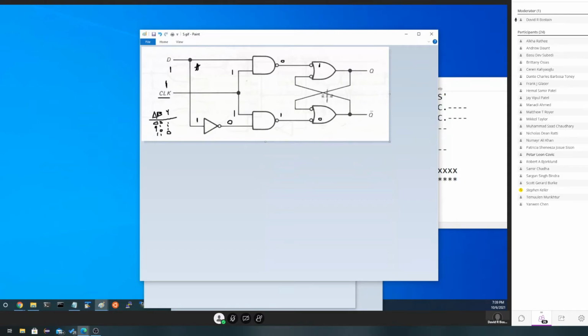Now, I'm not going to go through this because this is the exercise I told you to do on your own with a NAND gate earlier. But we know the net result of doing that is Q is going to have a 1, not Q is going to have a 0. And of course, we reverse that, these will switch. But the good thing about it is the moment clock becomes low, neither one of these NAND gates can pass D through. So it would be perfectly safe to put D to 0, even though it's holding it at 1 over here.